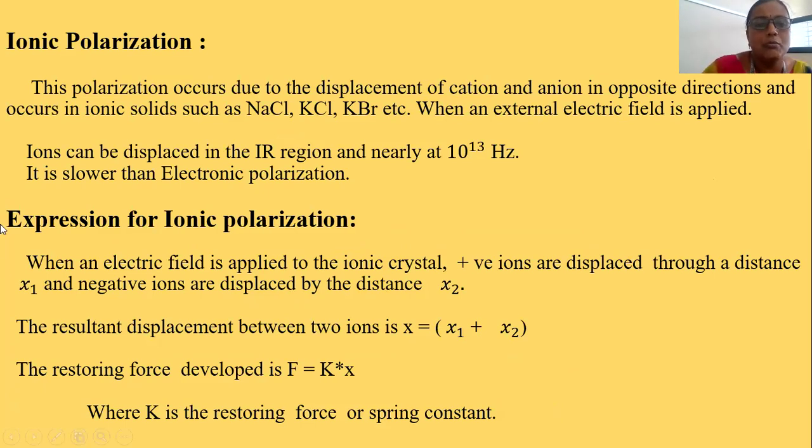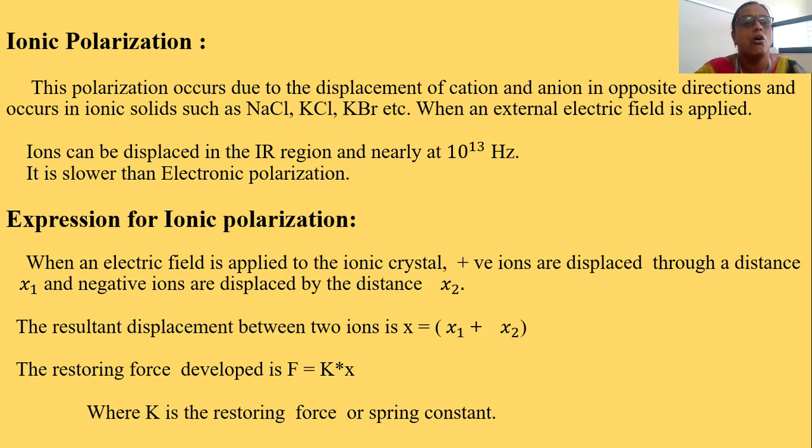If you consider sodium chloride, sodium has +1 and chlorine has -1. So the sodium completely donates its electron. This type of bond, a complete transfer of electron, is known as an ionic bond, and this ionic polarization occurs in ionic solids.